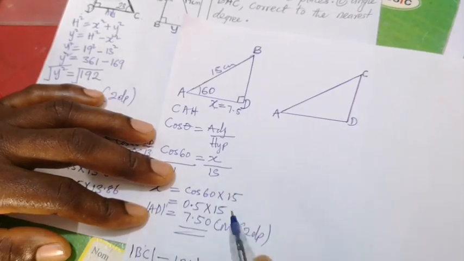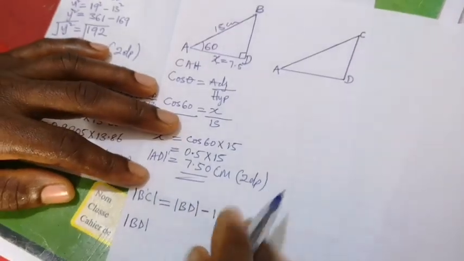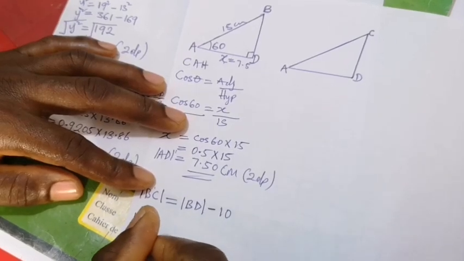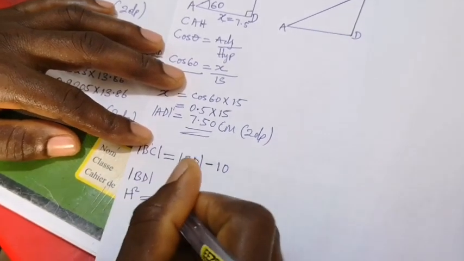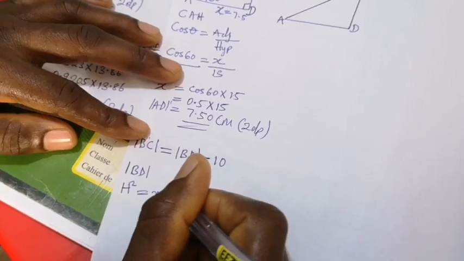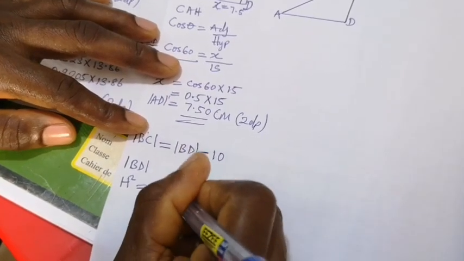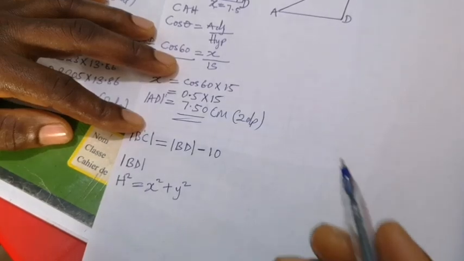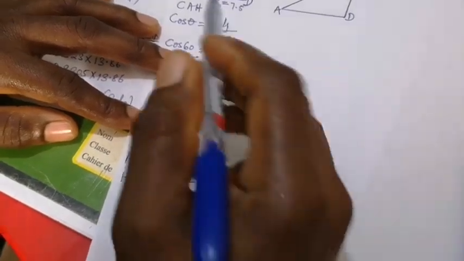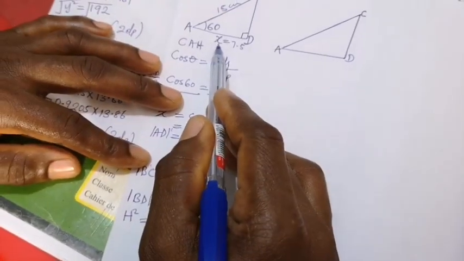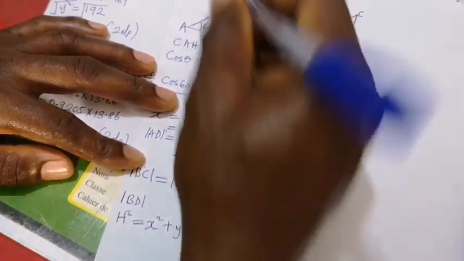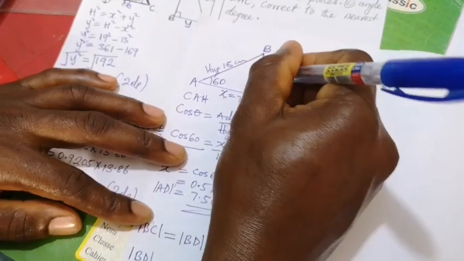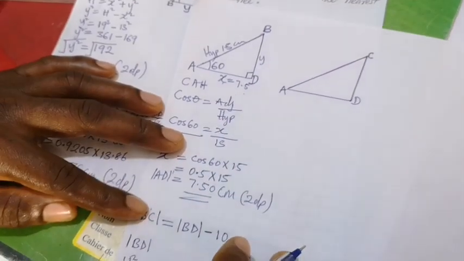Now, Pythagoras theorem states that the square of the hypotenuse is equal to the sum of the squares of the other sides of the right-angled triangle, okay? Now, x is 7.5, and hypotenuse is 15, so we can label this place as y, which is BD.